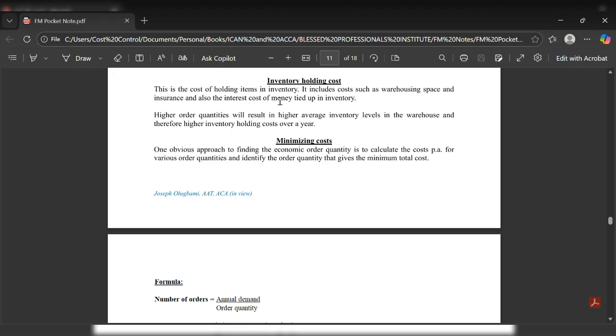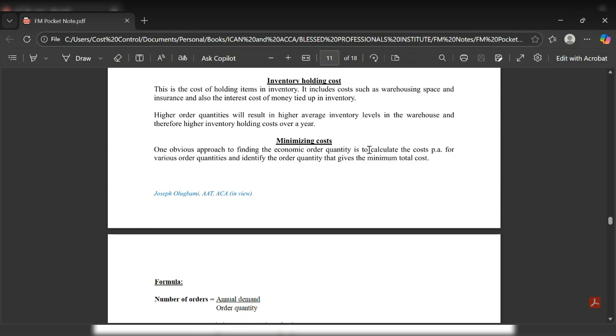Instead of that money being used in doing other things within the organization, it is tied up in form of inventory, and as such, that's a cost to the organization. Higher order quantities will result in higher average inventory levels in the warehouse, and therefore higher inventory holding cost over a year.